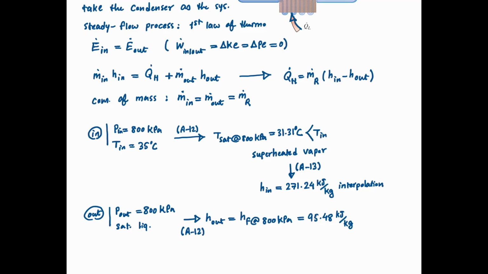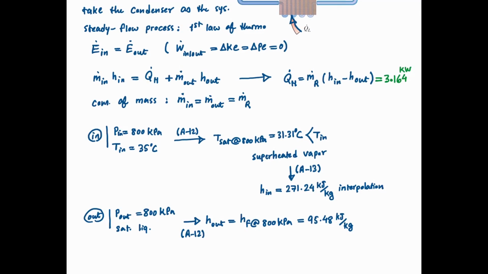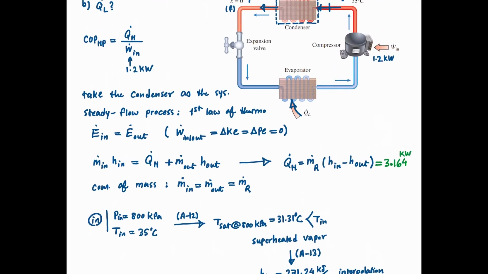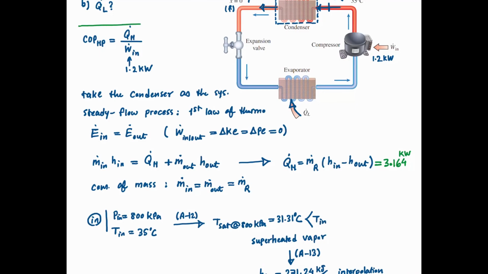I have mass flow rate of refrigerant. I'm going to plug in all the known into this equation and solve for Q dot H. Q dot H will be equal to 3.164 kilowatt. I am supposed to solve for COP of heat pump cycle. So this is the equation.